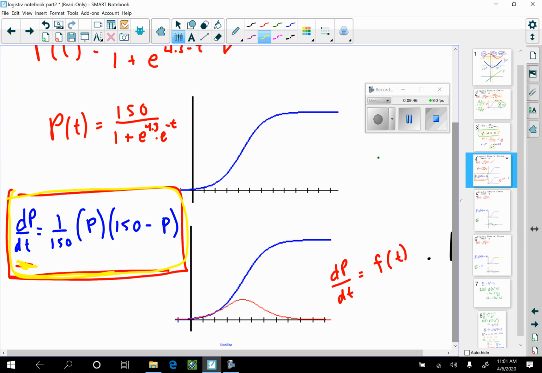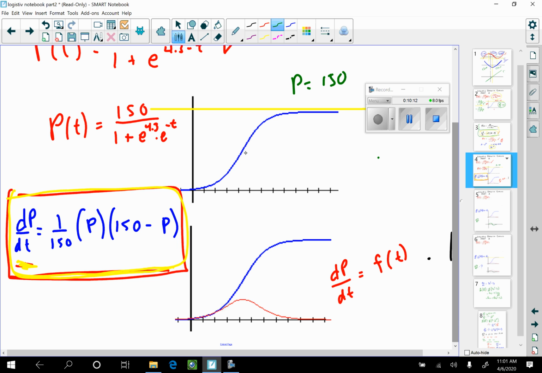So if you see a differential equation that looks like that, you're going to know it's a logistic growth model, and that it has a maximum population of 150, because look here. That's where the slope of the tangent line goes to 0. When the population is 150, that derivative is 0.